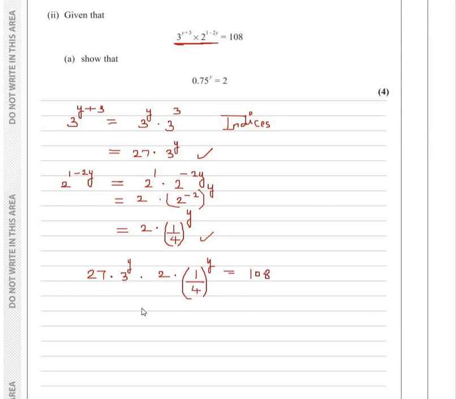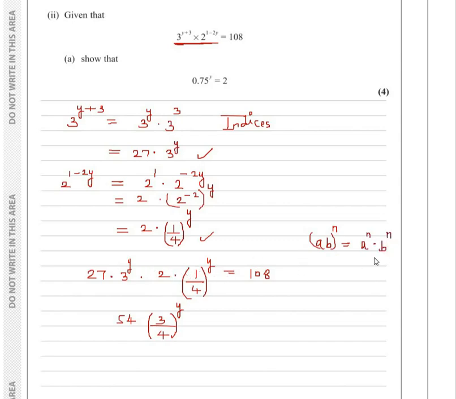So 27 times 2 will give us 54. And since the powers are the same, we can combine them and write it together as 3 over 4 to the power of y. Again, it belongs to the laws of indices. Usually if we are writing ab to the power of n, we can split it as a to the power of n times b to the power of n.